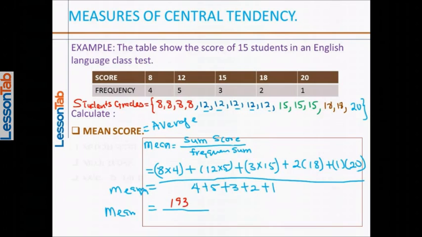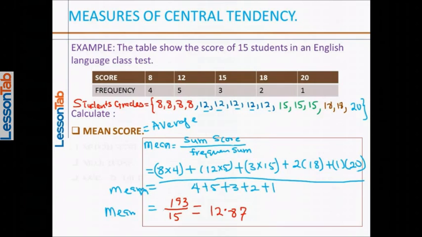It's 193 divided by 15. So 193 divided by 15 is 12.87. Therefore, the mean, or the average score on that exam, is 12.87 points.